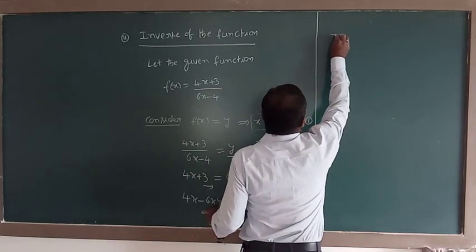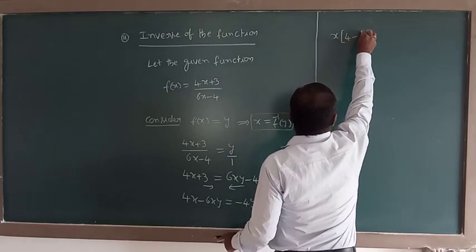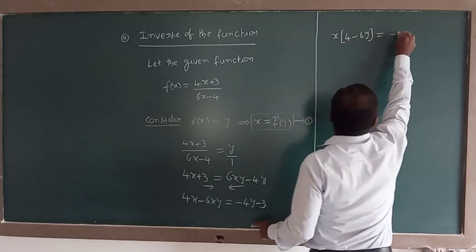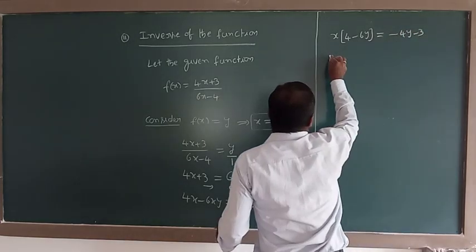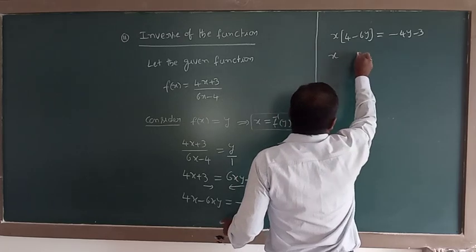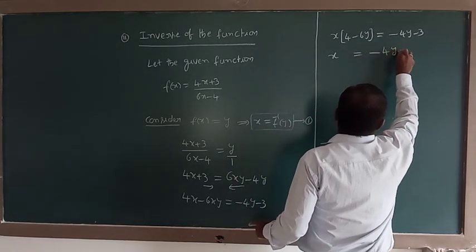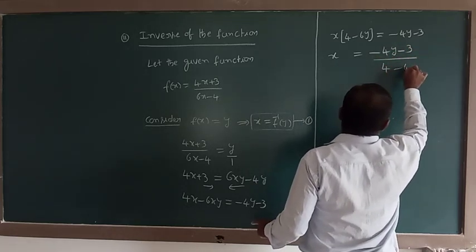If you take x common, then you will get x into (4 minus 6y) is equal to minus 4y minus 3 here. Send this term to that side, it becomes the divisor of the right hand side term, that is (minus 4y minus 3) whole divided by (4 minus 6y).